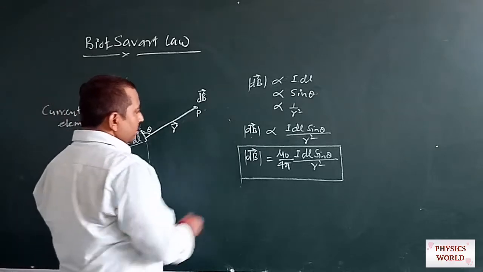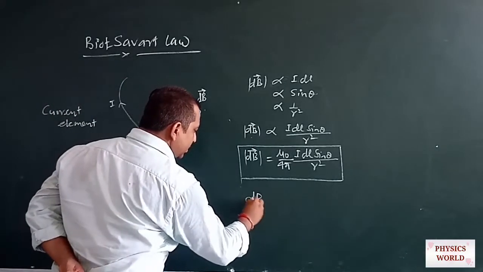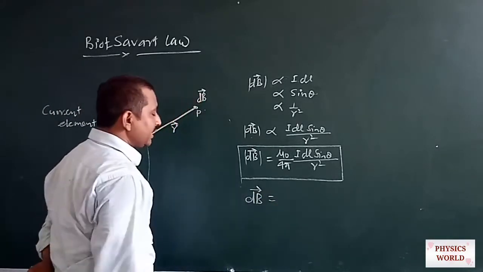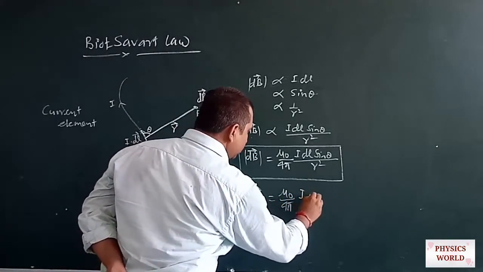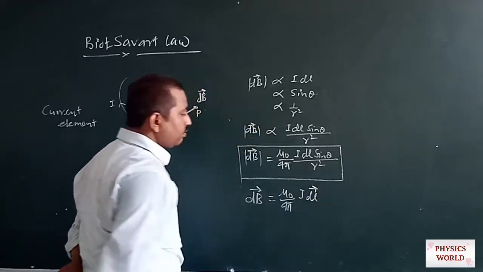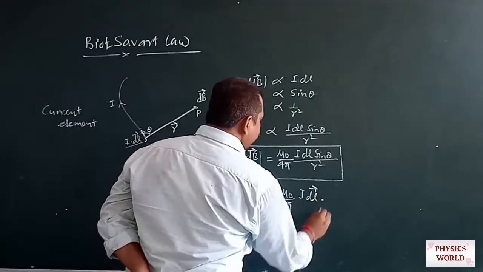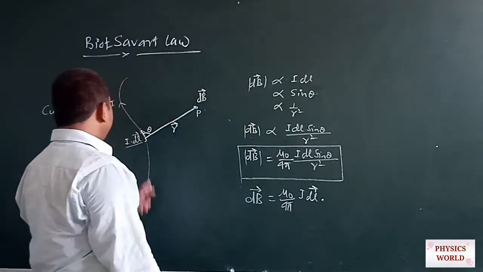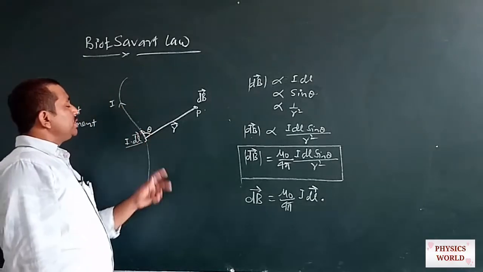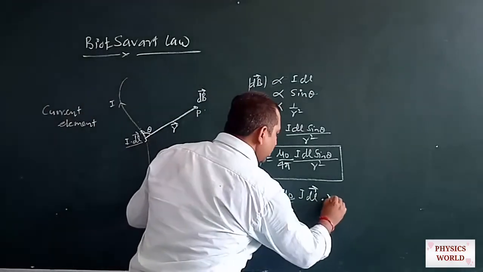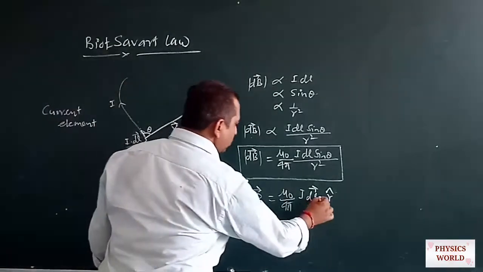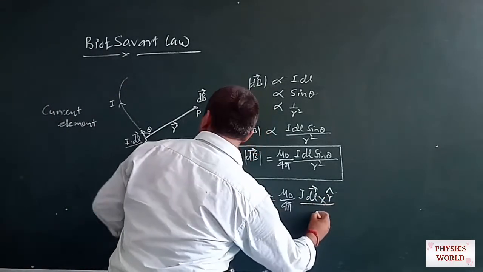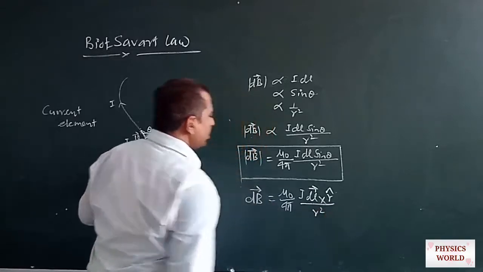In vector form we can write it as mu 0 upon 4 pi, I dl in vector form, the angle between them giving sine theta, cross the unit vector r divided by r square.